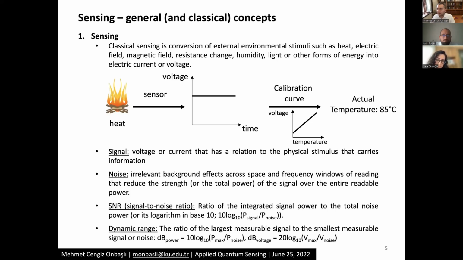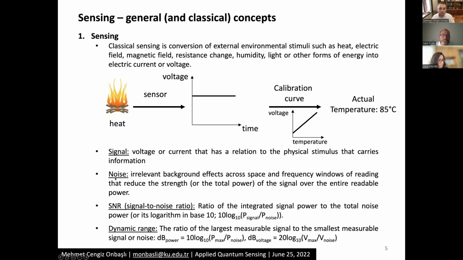And it has to carry some information, meaning we are trying to retrieve some distinct feature out of the background. So that's why we need to retrieve some specific features like either a spectrum peak or a peak in time or a peak in space, things like those.